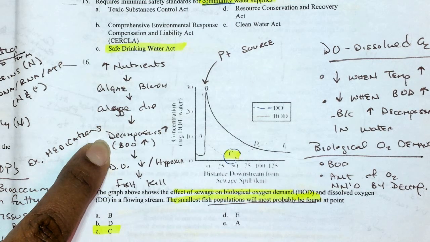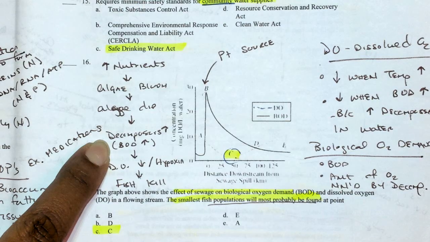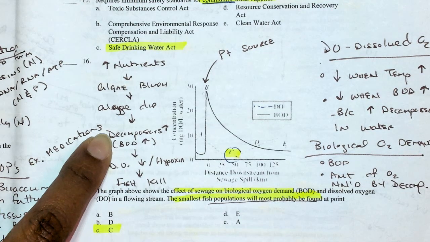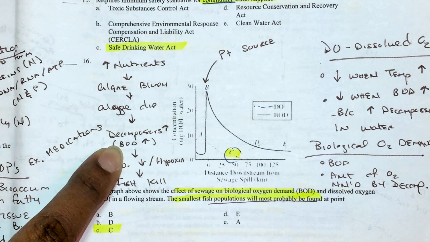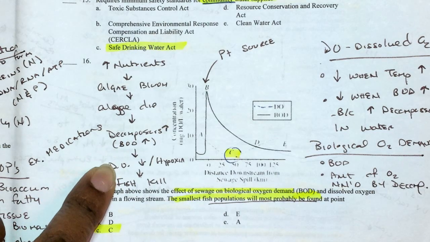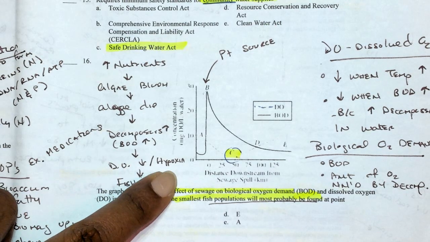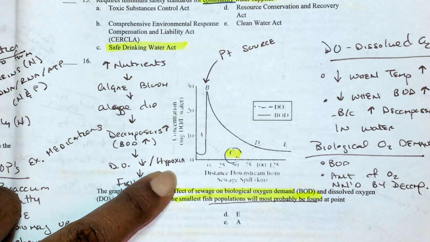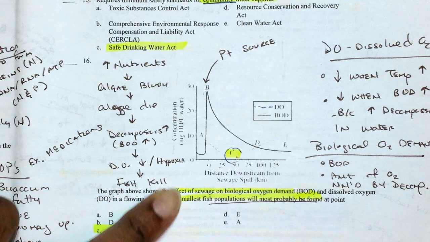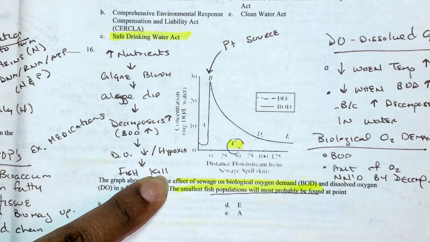The decomposers are going to use up more oxygen because they're aerobic. That's going to increase the BOD, because that's what BOD is, the amount of oxygen needed for the decomposers. So you're going to have less dissolved oxygen. Less dissolved oxygen in the water causes the water to become hypoxic. Hypoxic means that it's low in oxygen. Since it's low in oxygen, the fish are going to suffocate and die, and we call that a fish kill.